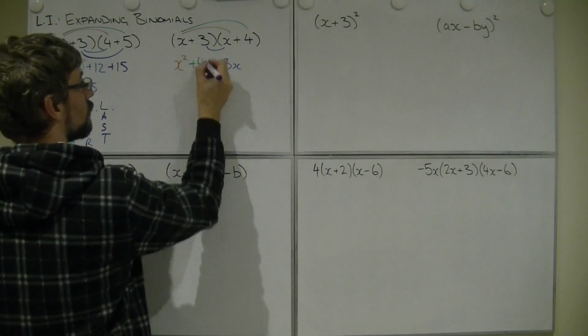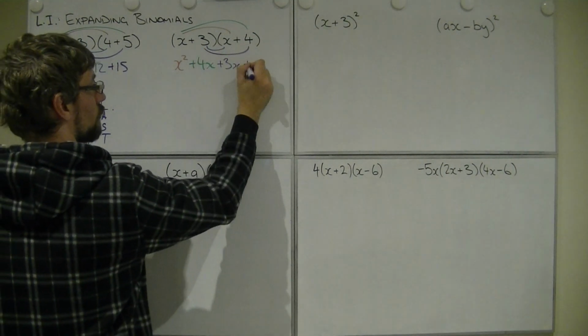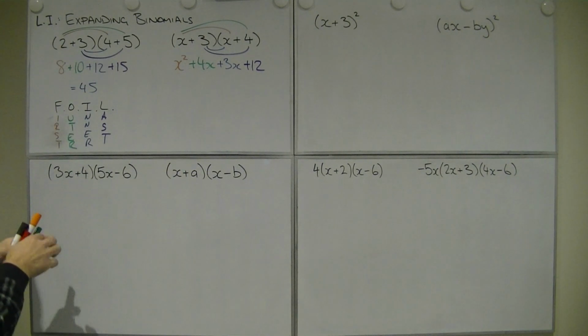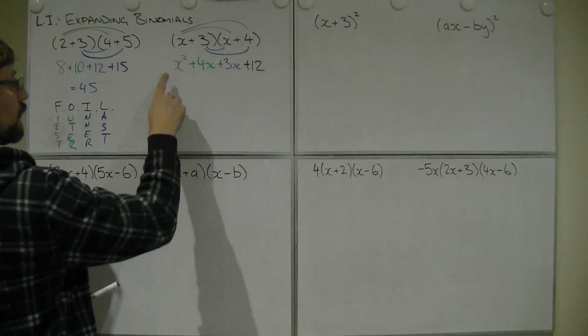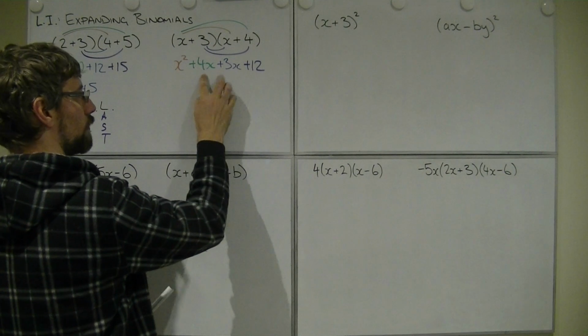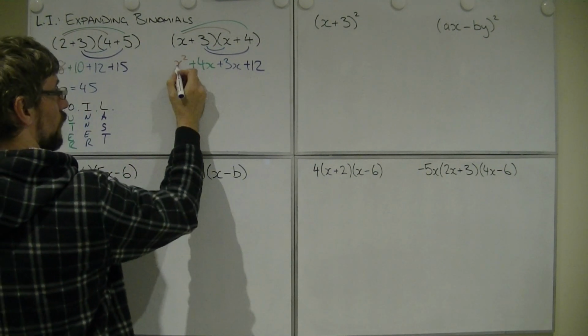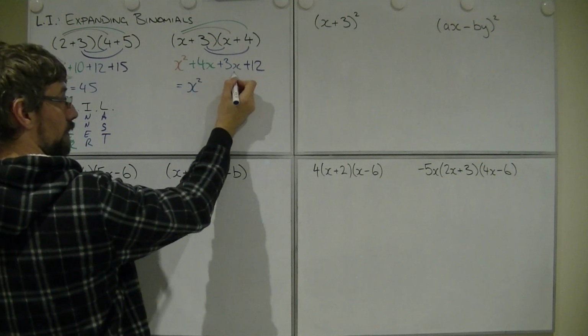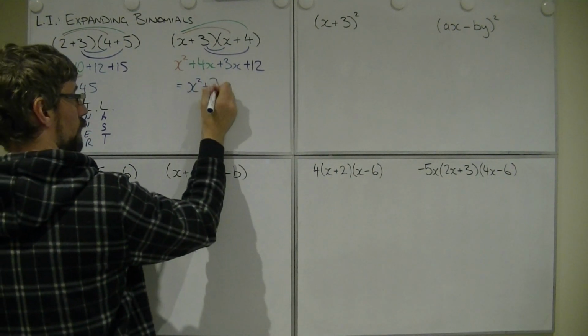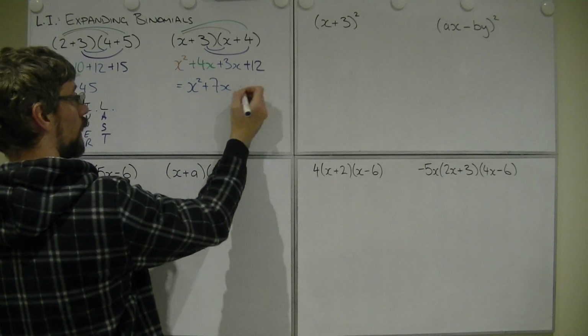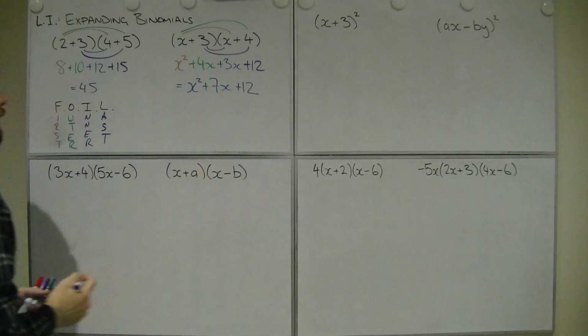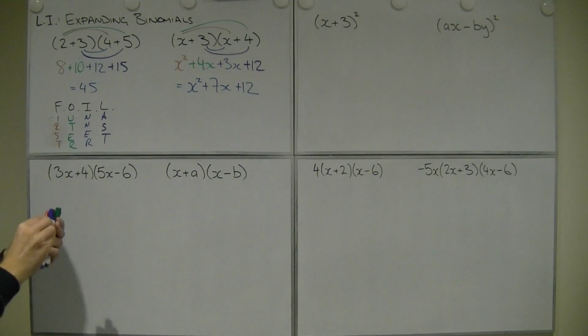And last: 3 by 4 gives me 12. Then we add them together, but there are no like terms for x squared, so x squared sits. 4x and 3x are like terms, so we can add those. The pure 12 just sits pretty. And there we go.